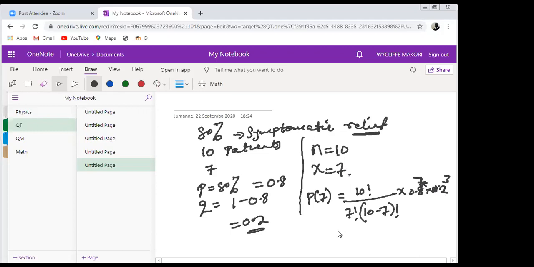I want you to try that: 10 factorial over 7 factorial times 10 minus 7 factorial, and then we multiply that. Can you get the answer?